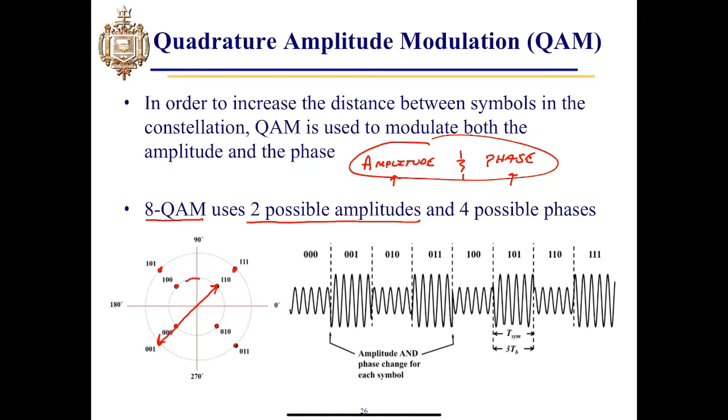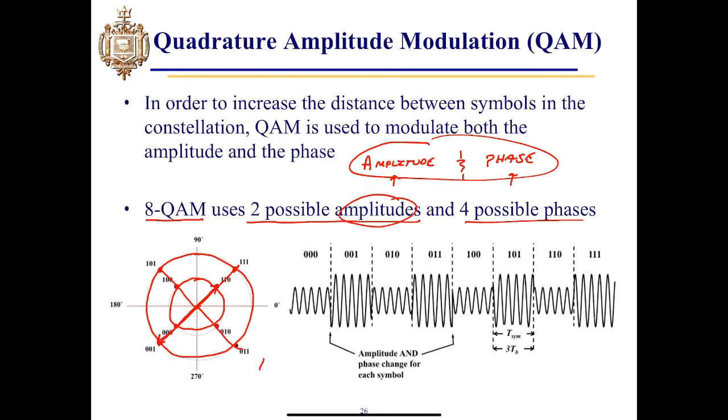The smaller ring is 1 amplitude, and the outer ring is the higher amplitude. So I'm shifting between 2 amplitudes and 4 possible phases. Notice that here's a phase, here's a phase, here's a phase, here's a phase. 4 different phases.